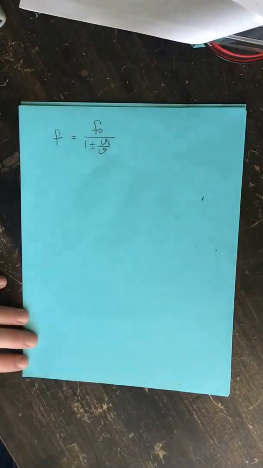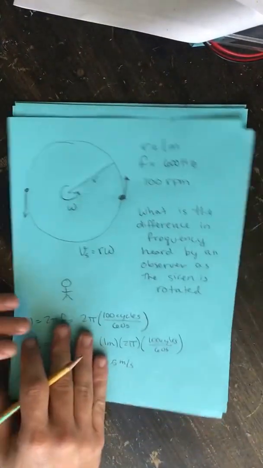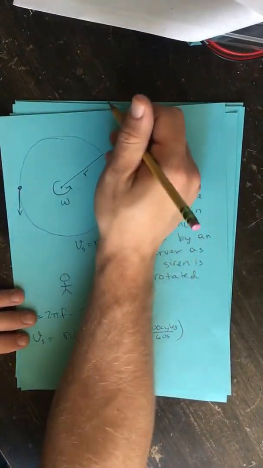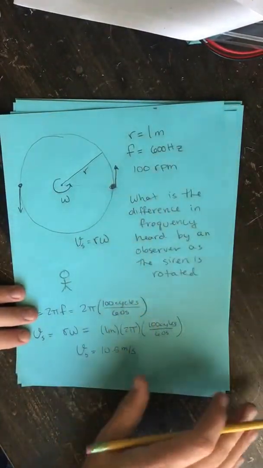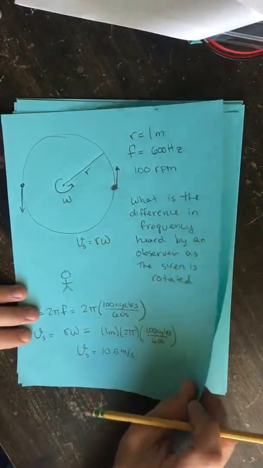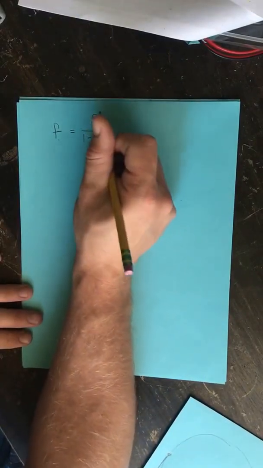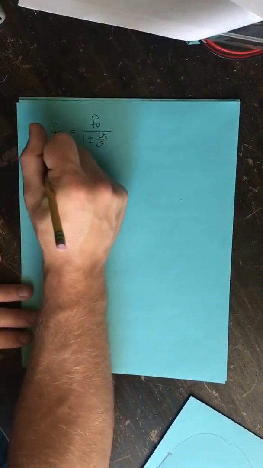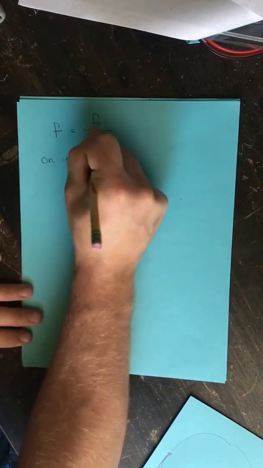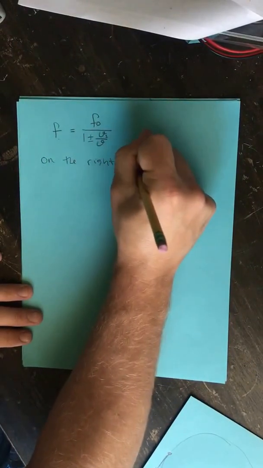So when the object is over here on the right-hand side and it is moving away from the observer, those wavefronts are going to stretch out. We're going to have a lower frequency. Okay, so in that case, we're going to choose the plus sign because that's going to take the original frequency and reduce it. So on the right, we hear a low tone.